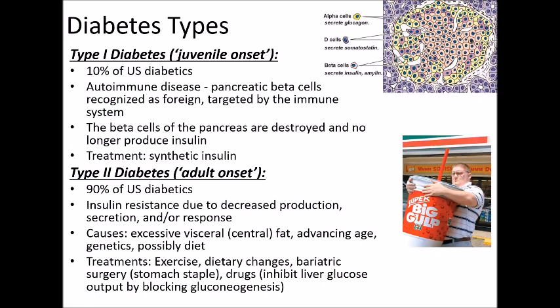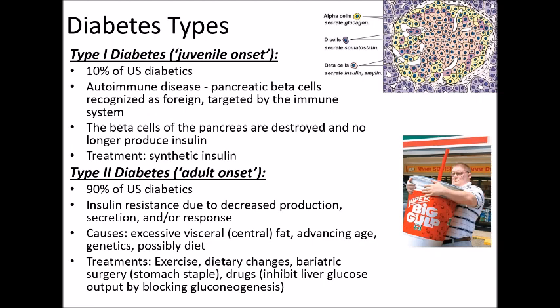So in this case, the beta cells of the pancreas end up getting destroyed by the immune system within a person, and it can no longer produce insulin. Once we destroy about 90% or so of the beta cells, then there's a significant effect in terms of having diabetic symptoms, and the only treatment really is to provide synthetic insulin.